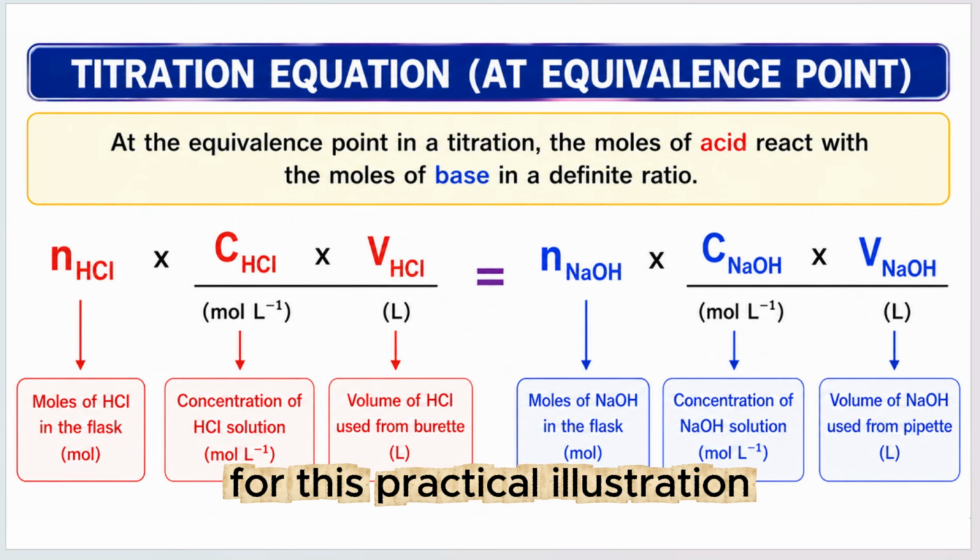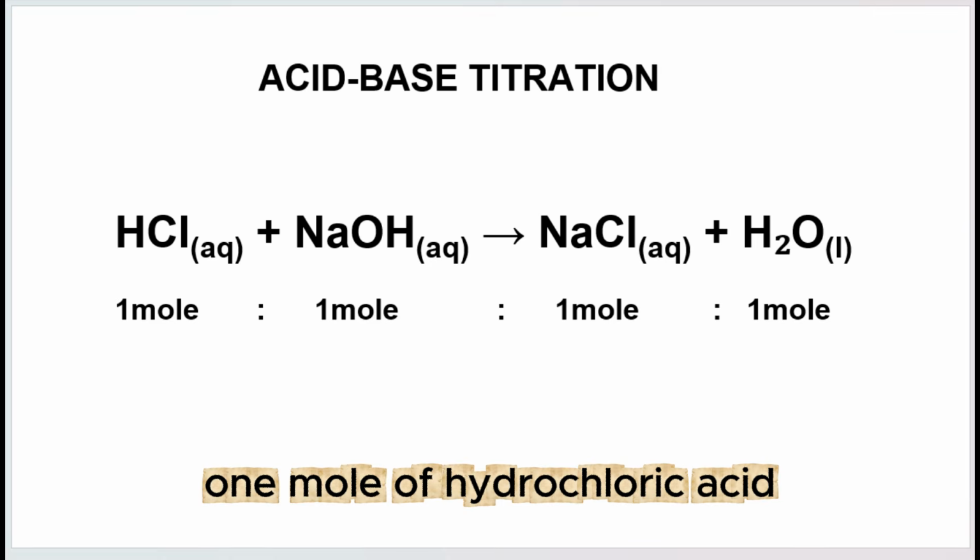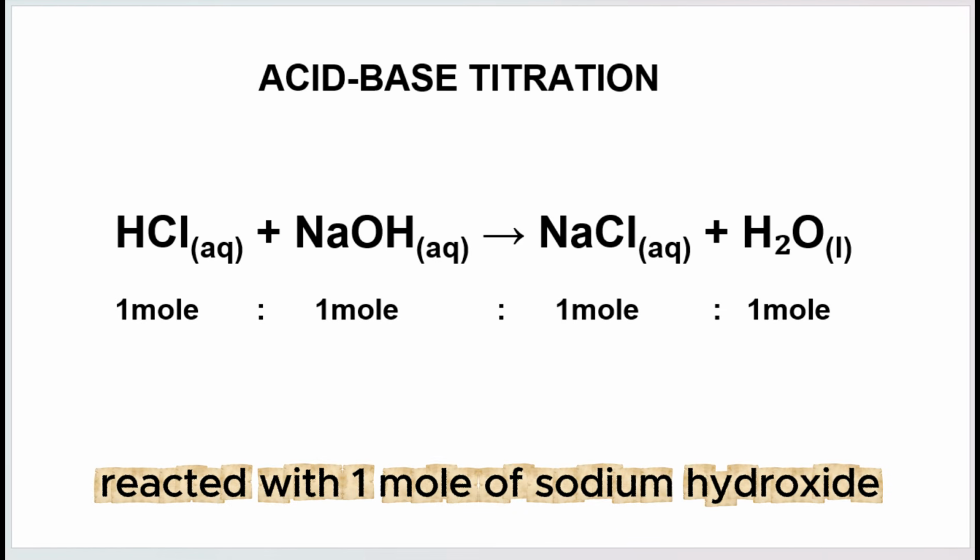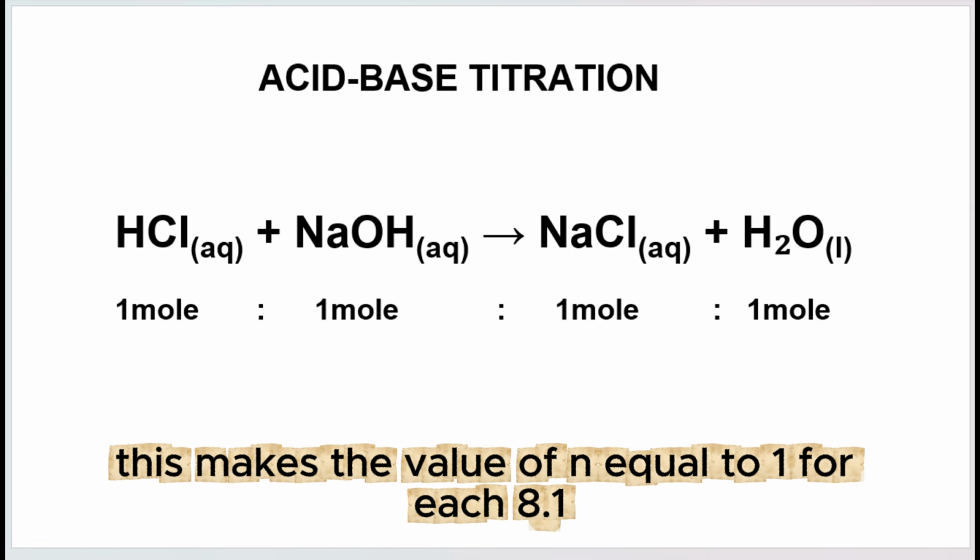For this practical illustration, 1 mole of hydrochloric acid reacted with 1 mole of sodium hydroxide. This makes the value of N equal to 1 for each.